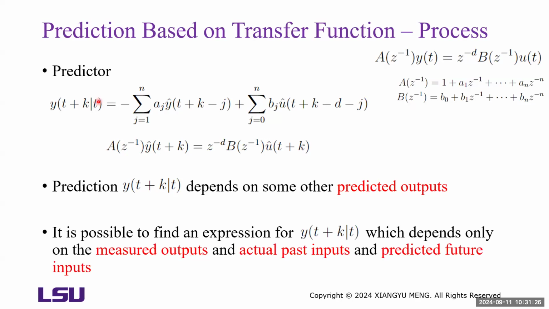It is possible to find an expression for y t plus k conditioned on t which depends only on the measured outputs, the past outputs, the actual past inputs, and the predicted future inputs.